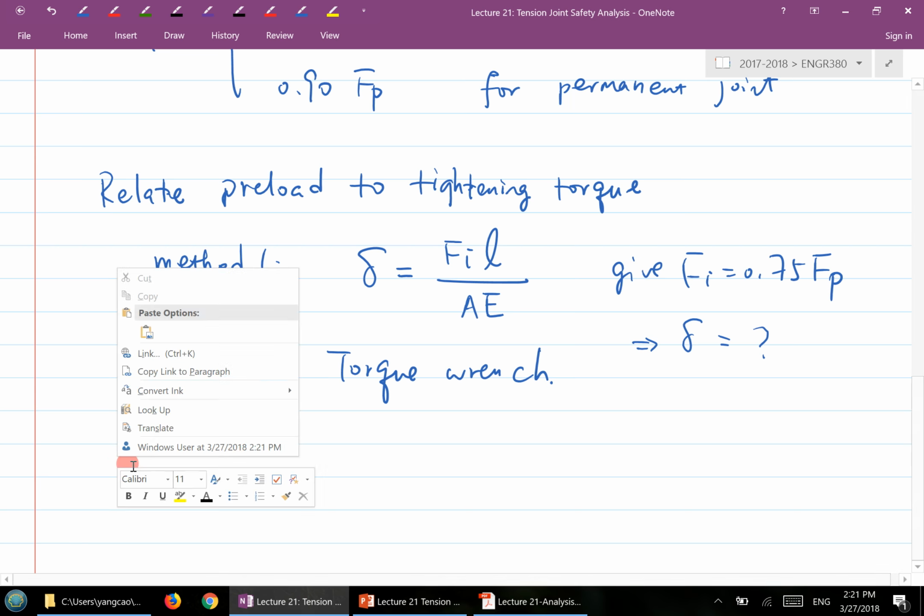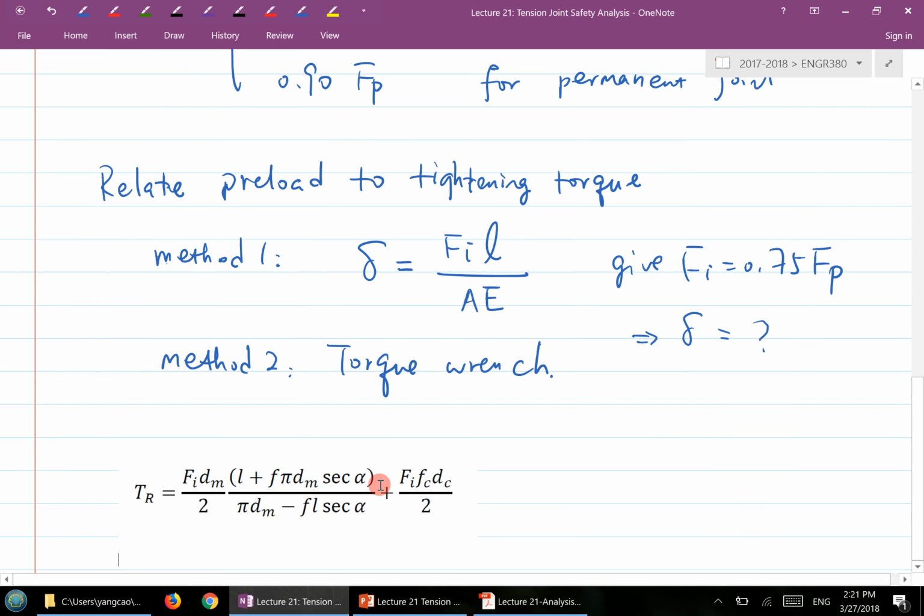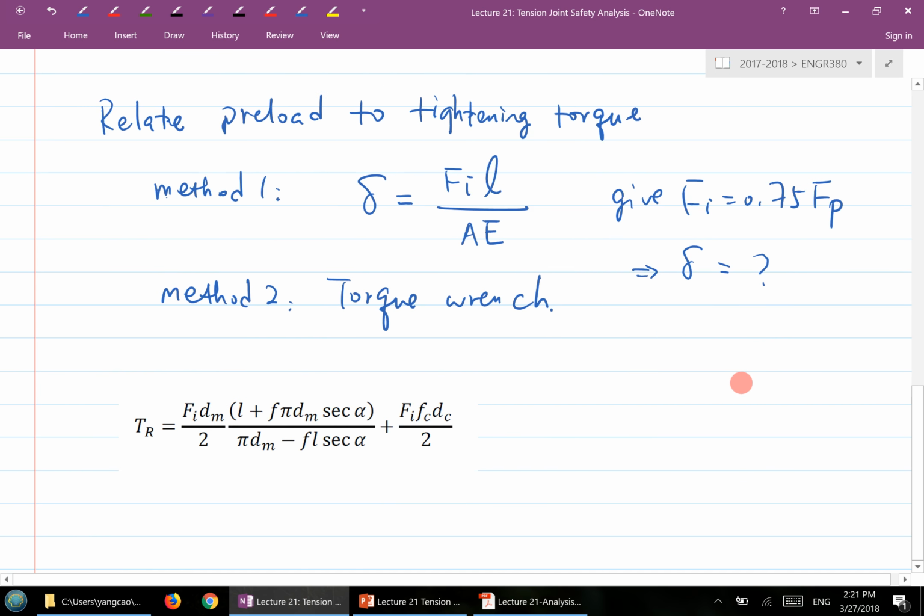That's the formula for the amount of torque you need to apply to raise the load when you're using a power screw. And this formula can be simplified into a format like this.